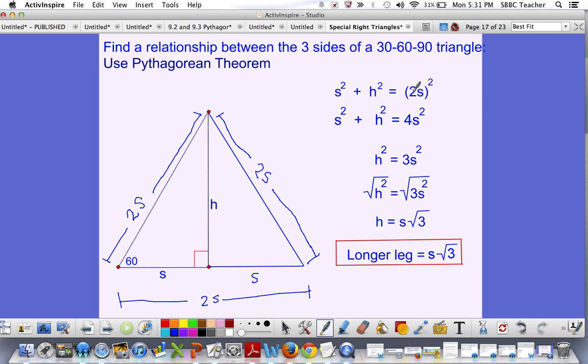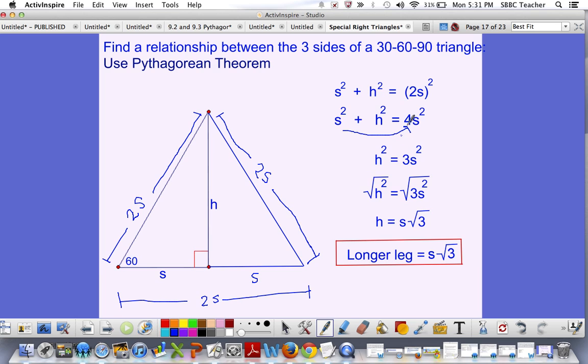So we plug 2s into the Pythagorean theorem and we get s squared plus h squared equals 4s squared. So we squared the 2 and the s. If we bring the s squared to the other side, we get h squared equals 3s squared. So we subtracted s squared from both sides.